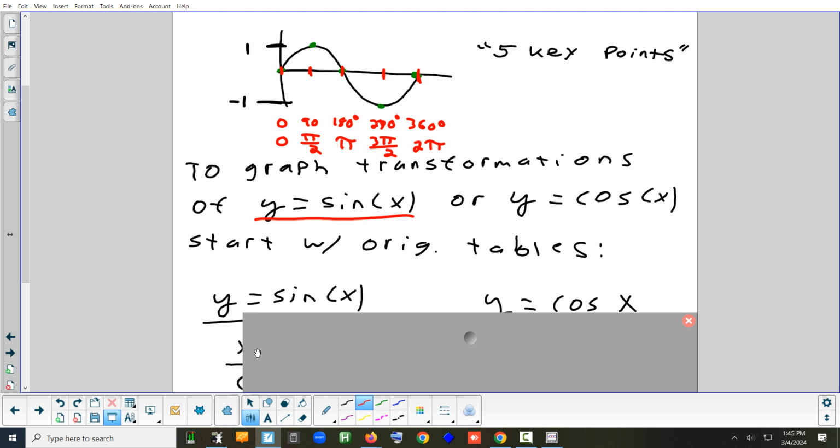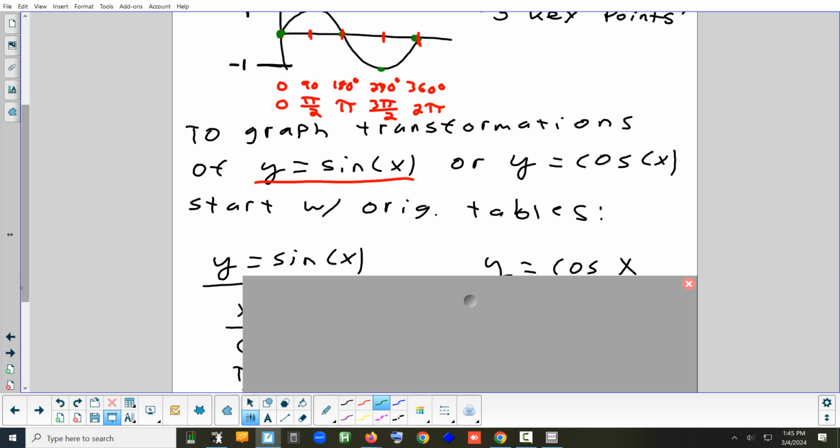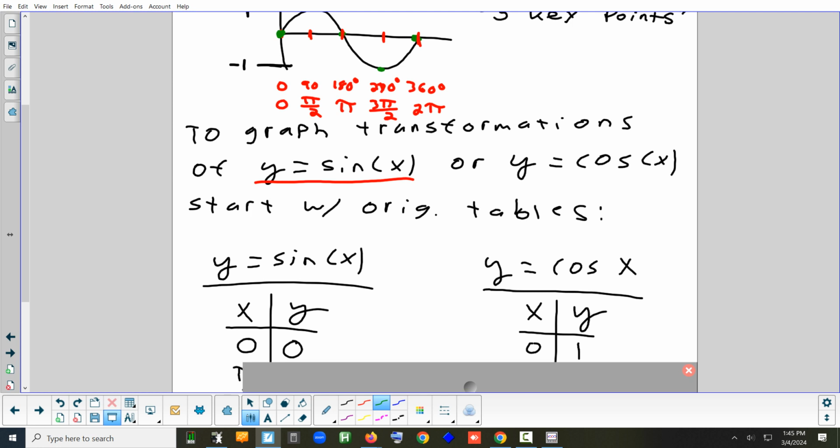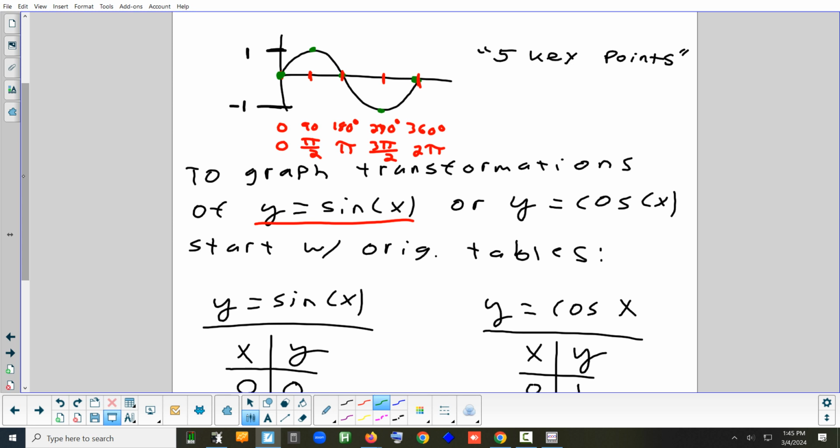Okay. So what do you think the coordinate would be for that first green dot? 0, 0. Yep, 0, 0. Don't worry about cosine. We'll do cosine after. How about the coordinate of that green dot? 1, 1.